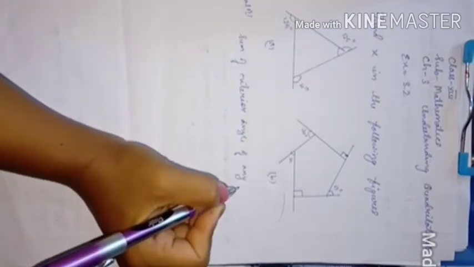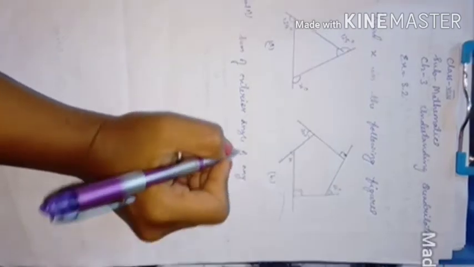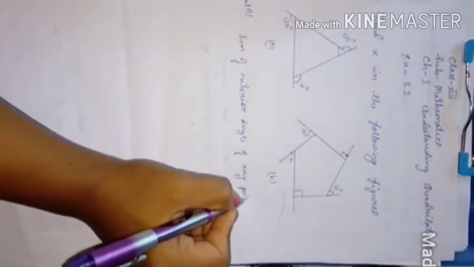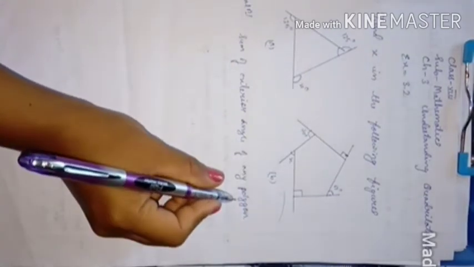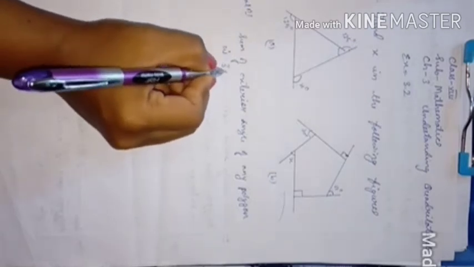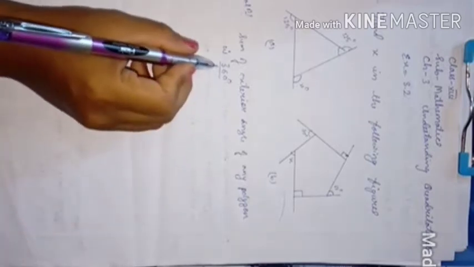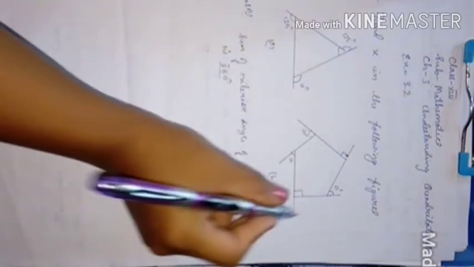Okay, either it is a triangle or a quadrilateral, pentagon, anything, for any polygon, the sum of exterior angles of any polygon is how much? 360 degree. Okay, 360 degree. You have to remember this, sum of exterior angles for any polygon.